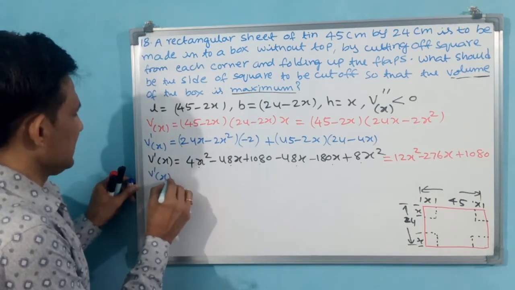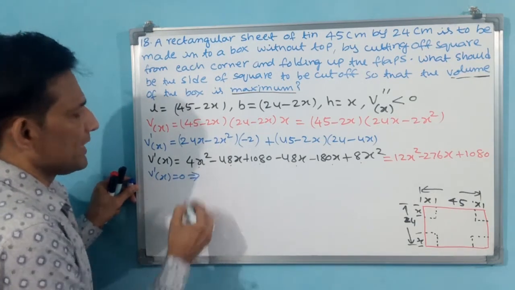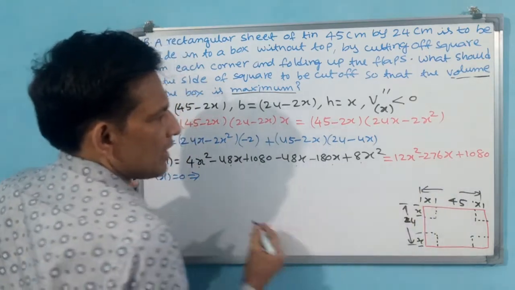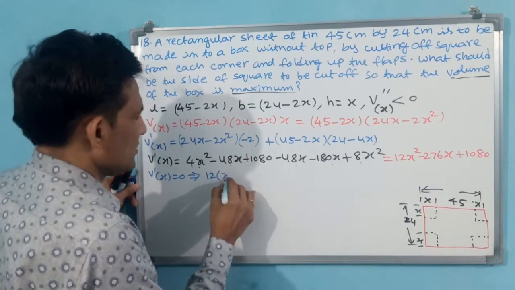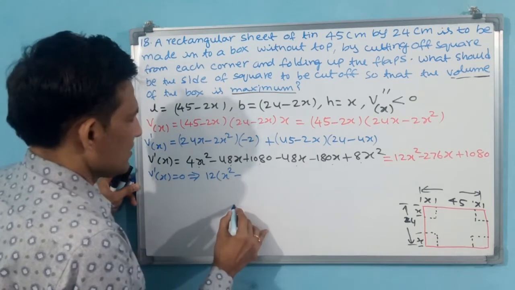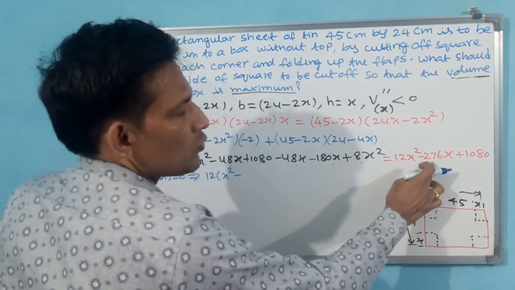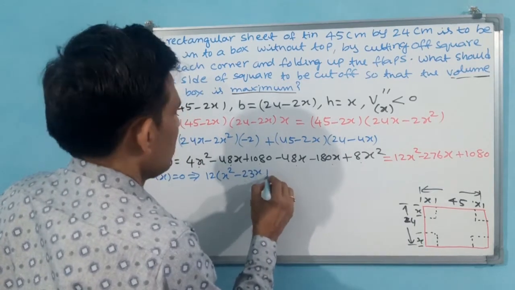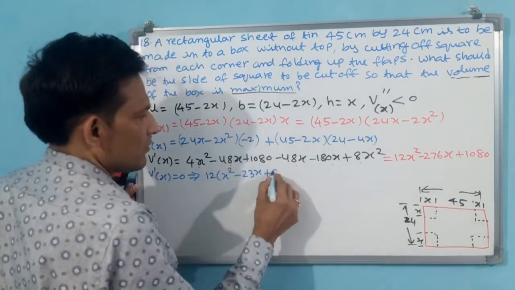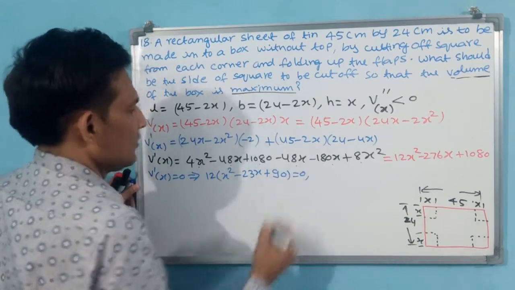V dash x implies 0. See, I am taking 12 common. 12 into x square minus, 12 2s are 24, 12 3s are 36, 23x, plus 12 9s are 108, 1080 is equal to 0.